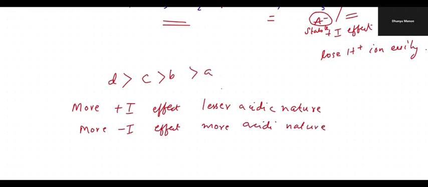More plus I effect means lesser acidic nature because the A minus ion is not stable, so it will not lose the H plus ions readily. Okay. So this is how plus and minus I effect the acidity. I hope I'm clear. Okay, now let's practice some examples.